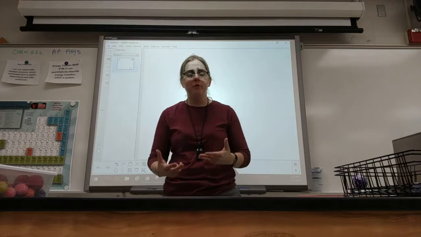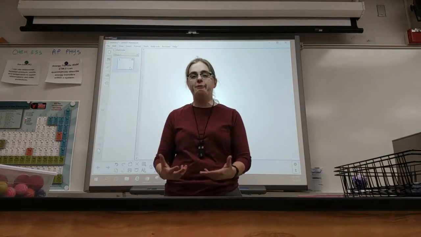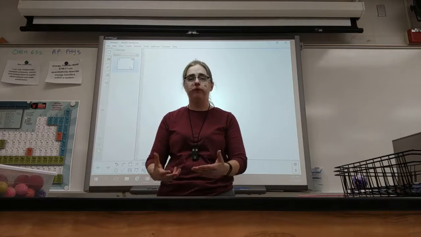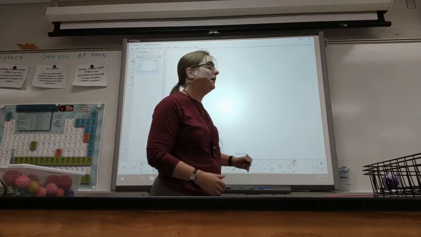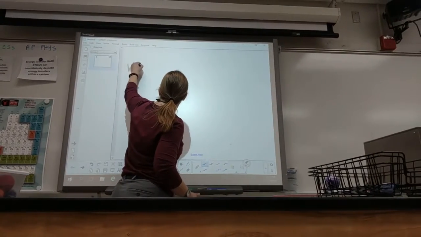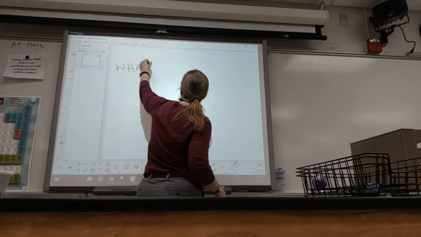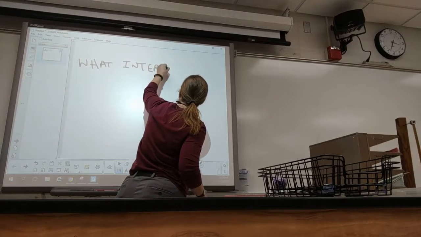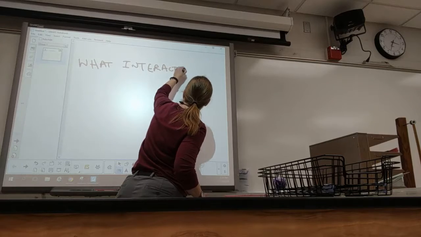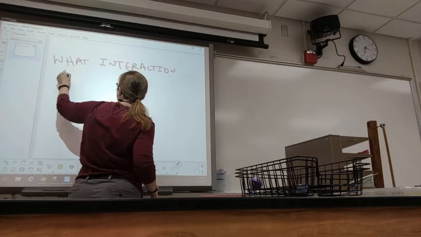Now, we know that there has to be an interaction or a force in order to dissipate some energy. And so the question you're going to be working on is, what interaction dissipates the energy?